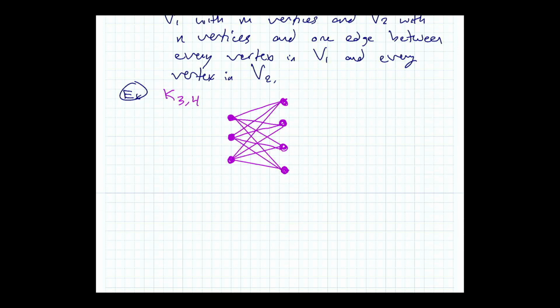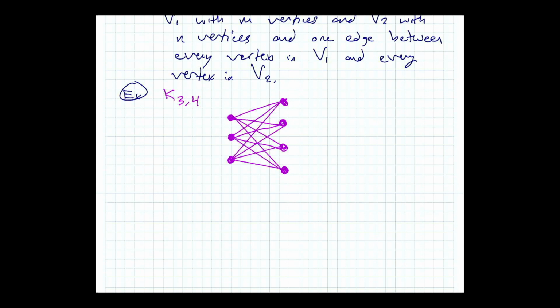So it's complete, right? There's no more edges that you can draw. If it's going to be a simple graph with no multiple edges, you can't connect any of these because then it won't be bipartite. You can't connect these because then it won't be bipartite. And other than that, it has that many edges. Now, how many edges does it actually have?